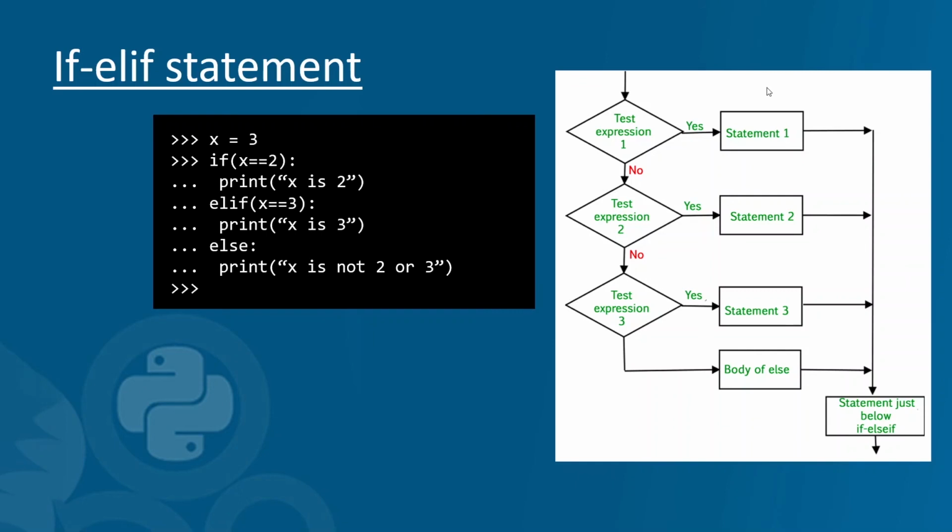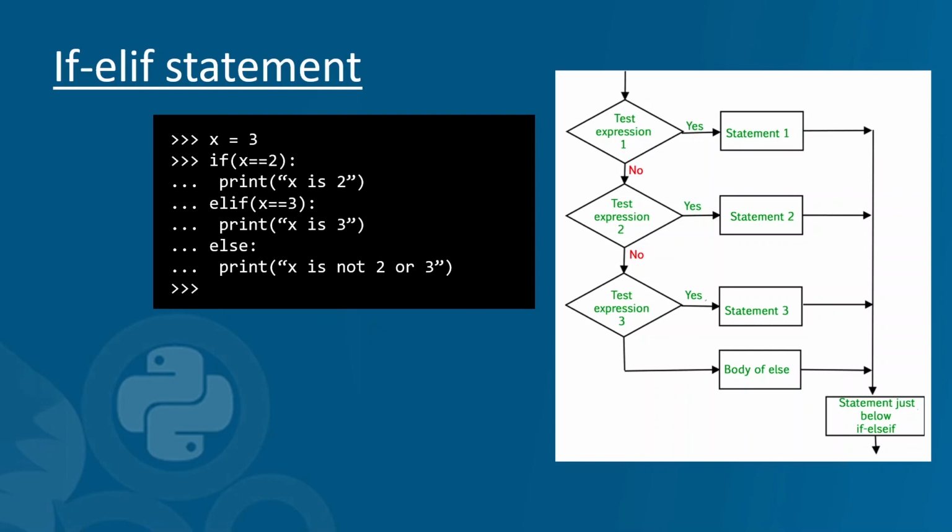Okay, so this is the flow chart, and let us check some lines of code. I have written x equal to 3. So we have declared a variable and given a value, x is equal to 3, and then I have written if x is equal to 2. Here after if we have written a condition, that is x is equal to 2.